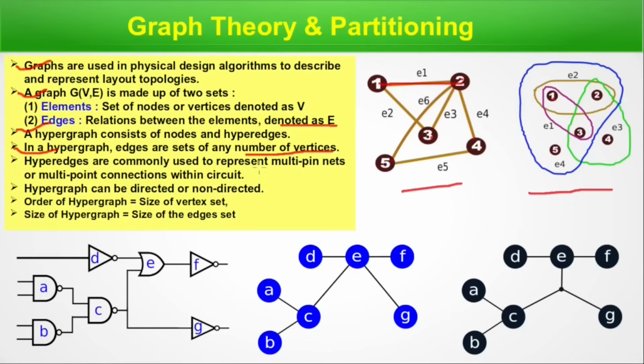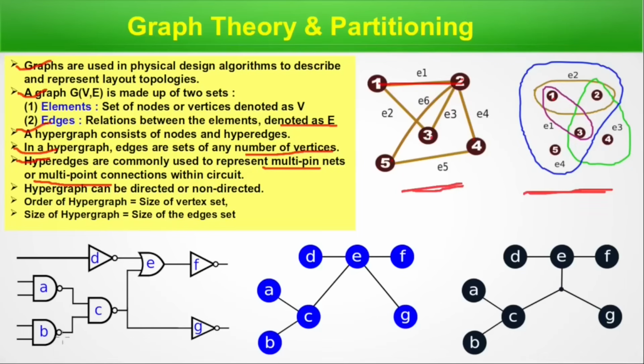Hyperedges are commonly used to represent multi-pin nets or multi-point connections within circuits. So basically, in practice, our circuits also have multi-pin and multi-point connections, so a hyperedge is suitable to represent them. Here we can see there is one hyperedge E2 consisting of these two nodes 1 and 2, E1 with 1 and 3, E4 with 1, 2, 3 and 5, and E3 with 2, 3, 4. These are hyperedges.